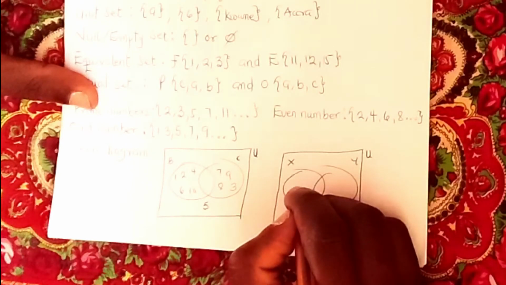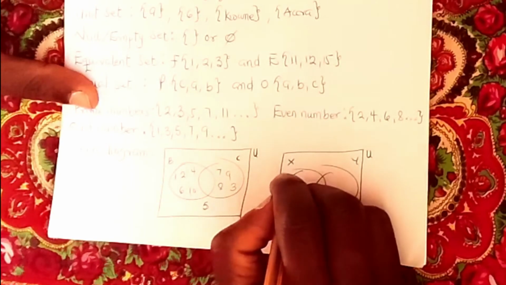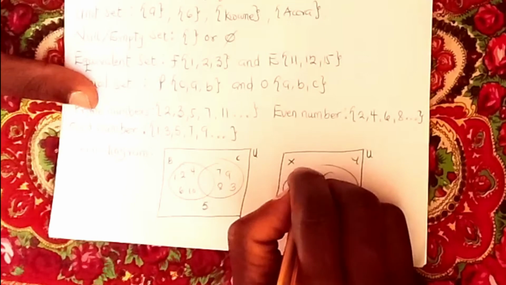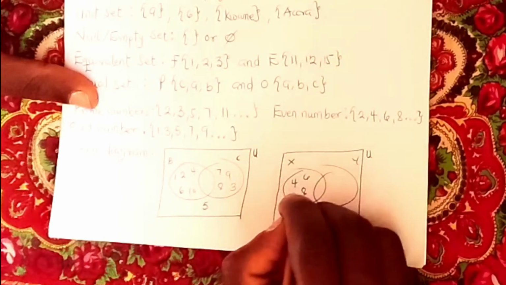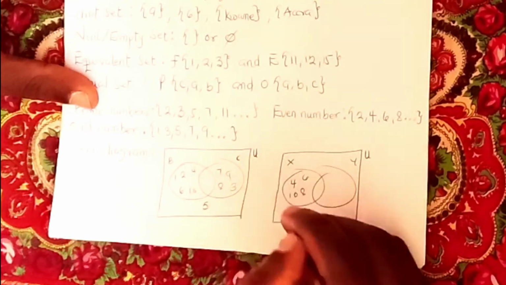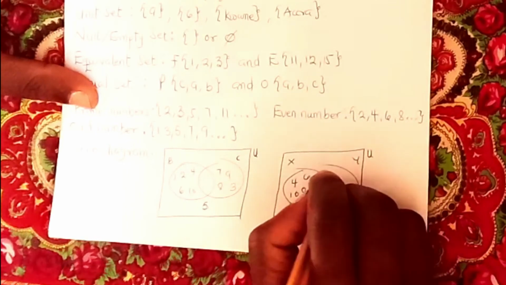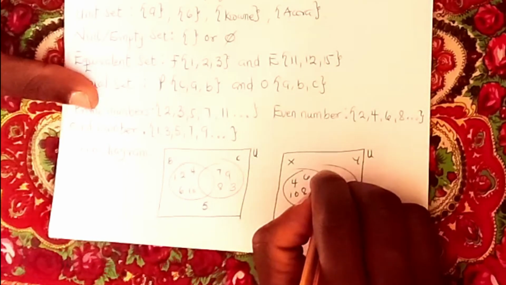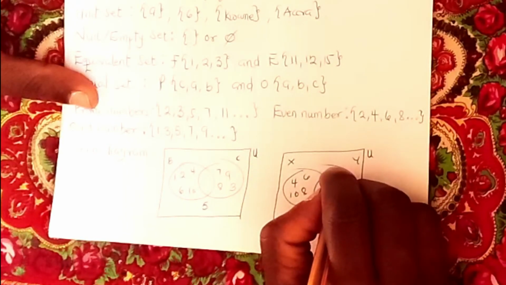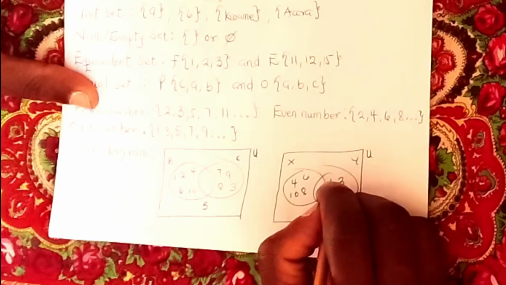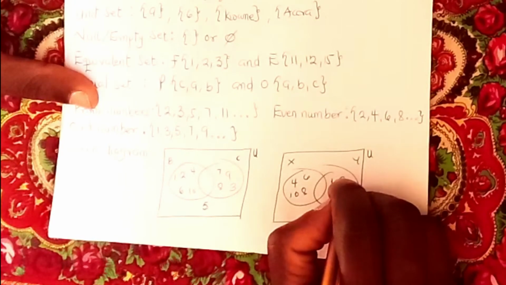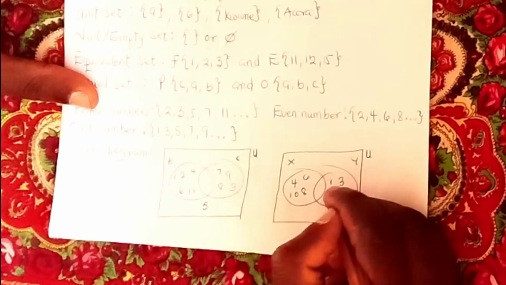Let's list the members. We have 4, 6, 8, and 10. We also have 1 in set Y, we have 3, 5, 7, and 9.